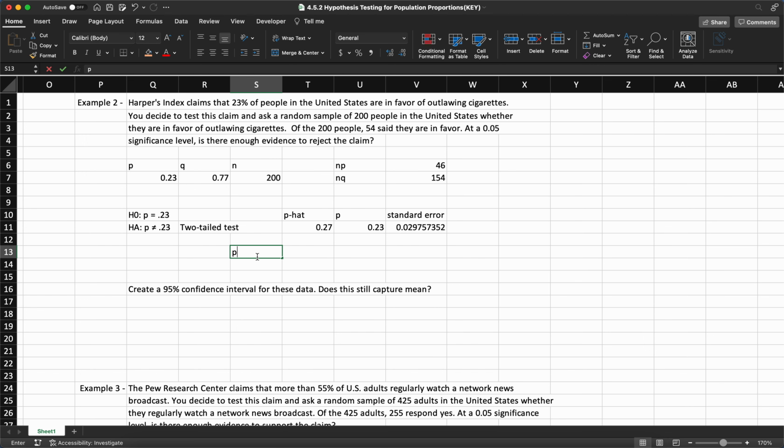So I'm going to find the probability that p hat is greater than 0.27. I don't want to do less than, because less than is very probable. I know that it could be less than 0.27 because the claim is that it's 0.23. So if we're assuming that this is true, we are trying to find what's the probability that I could be this much bigger than the claim.